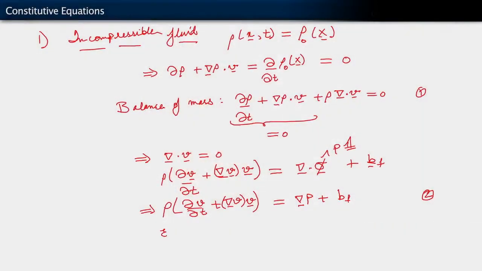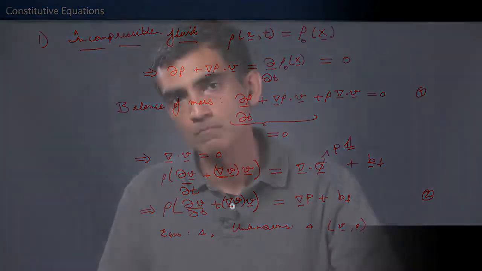The equations are 4, and the unknowns are 4: the velocity and the pressure. So our system is closed.